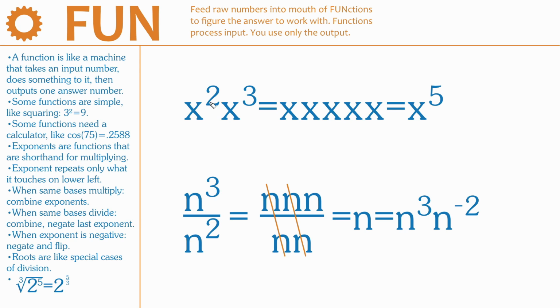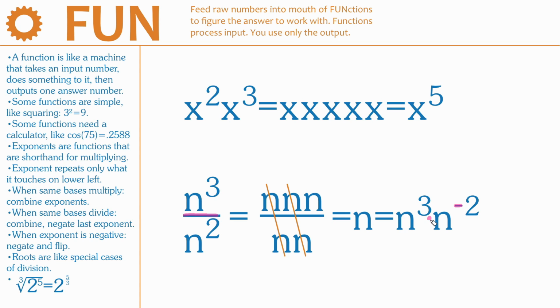So up here, we combined, and multiplying and dividing are the same family. So down here, we will combine, but we are dividing. So that's introducing a reverse. Notice how we have n to the 3, but then divided by n to the positive 2 now becomes times n to the negative 2.